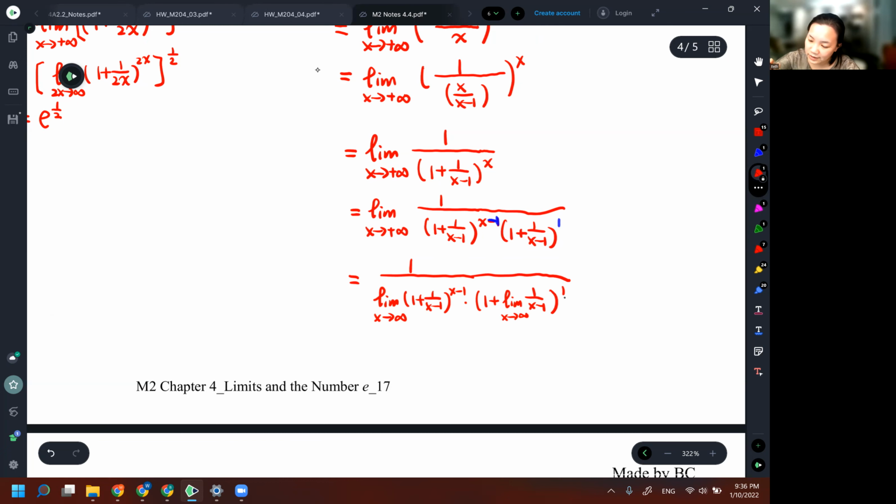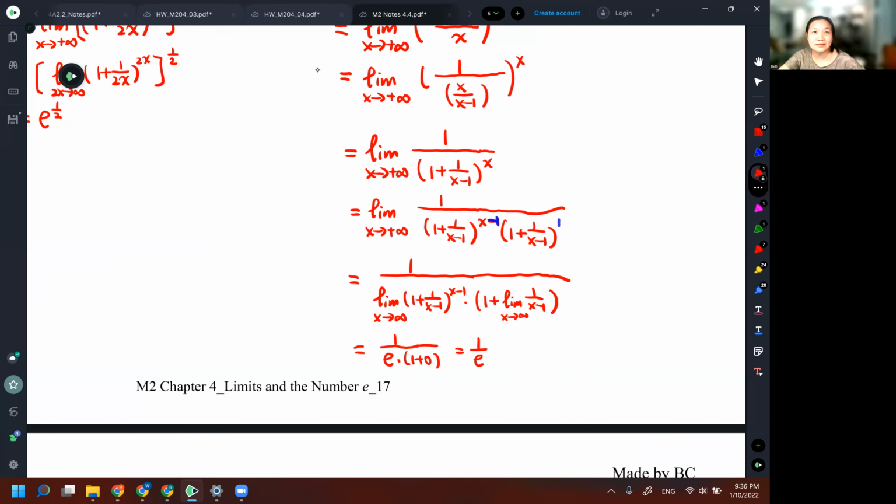I don't have to write this one again now. And then it's equal to 1 over e times 1 plus 0, and then equal to 1 over e.